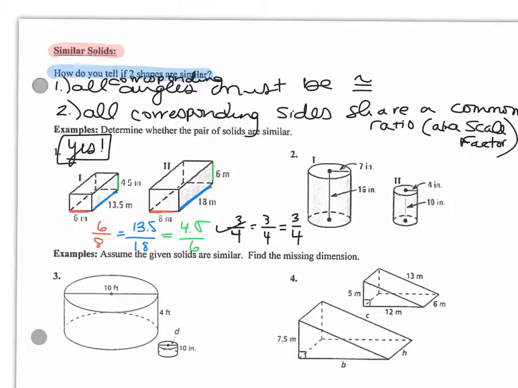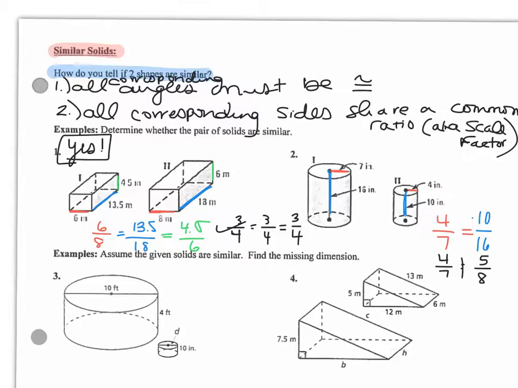So 7 is the radius of my big cylinder, 4 is the radius of my little cylinder. So 4 over 7 equals, and then I have 10 corresponds to 16, 10 over 16. If I go ahead and simplify these, 4 over 7 and 10 over 16 simplifies to 5 over 8.